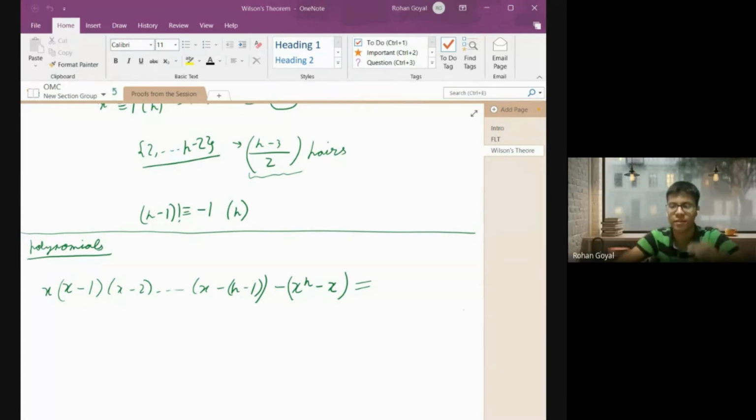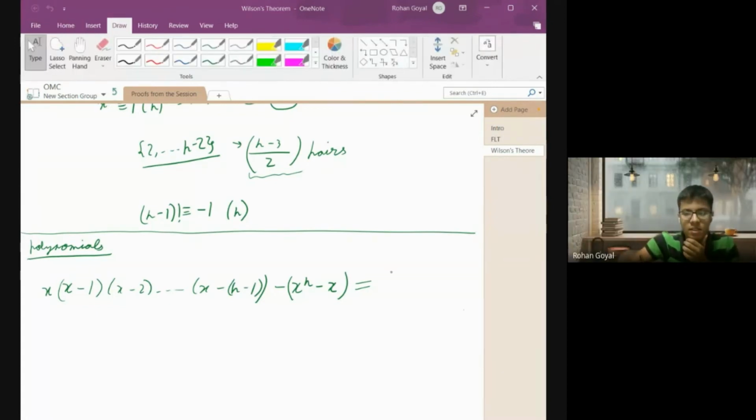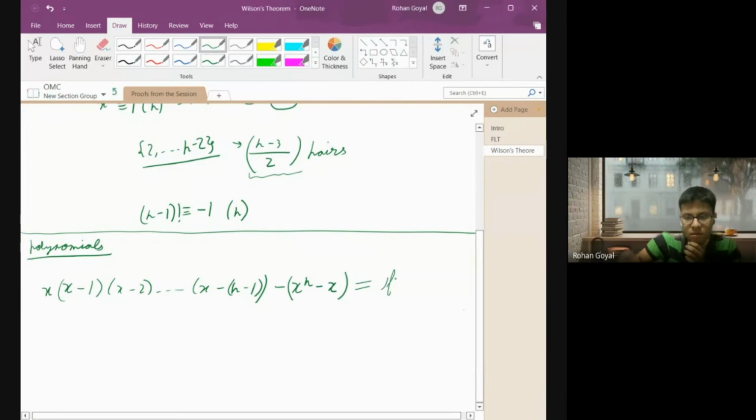Awesome. Okay. So observe that this is some polynomial of degree p minus 1. Degree f is p minus 1.